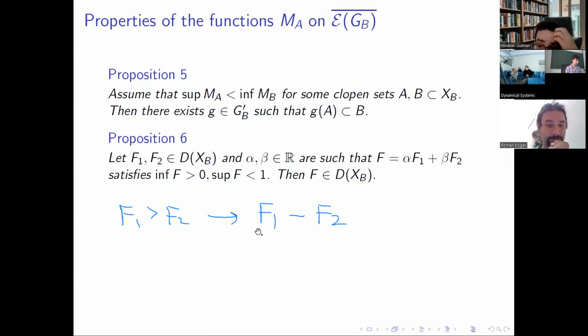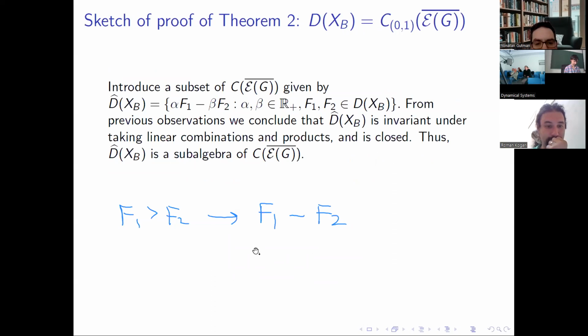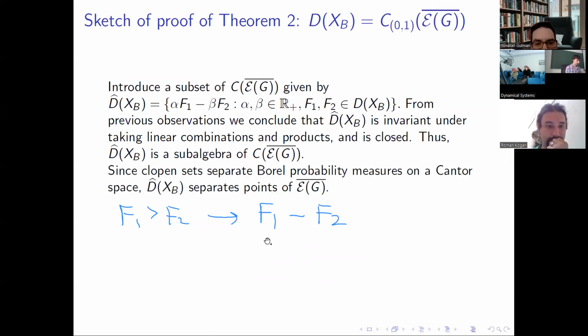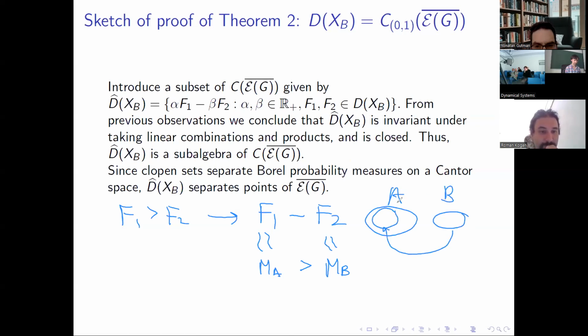We just approximate f1 by function MA, f2 by MB, and we have that MA is greater than MB, and this means that the set B can be mapped inside set A by an element g, and we can define C as A minus gB, and then MC will be equal exactly to MA minus MB, because the action of g is measure preserving. So these are some simple ideas we state in this proposition.